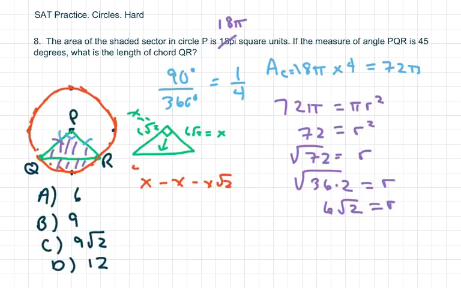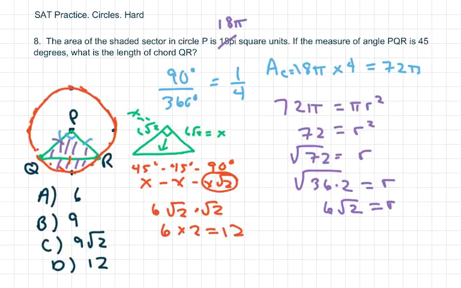This is your 45, 45, 90. So when you do that, you take your x, and we're looking for this length here. So that's going to be 6 square root of 2, that's your x, times square root of 2. And this means that's going to be 6 times 2, which equals 12. So it wasn't so bad, it's just you have to think backwards on it. So the answer is 12.